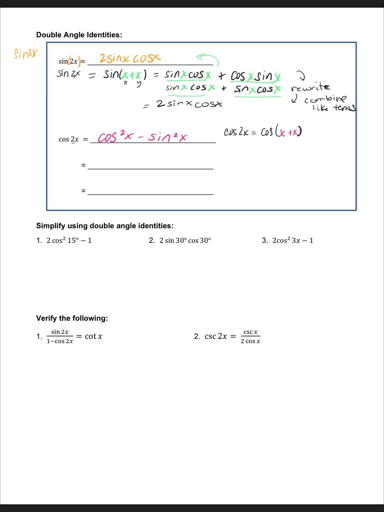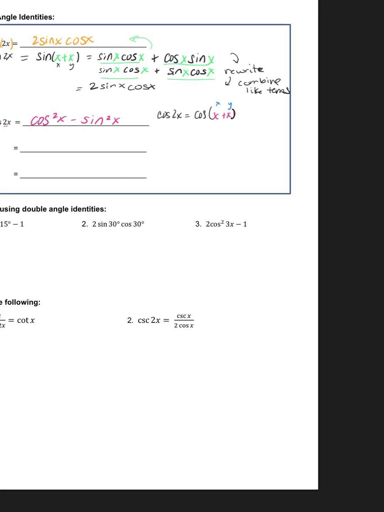So for us, same thing. This is your x and this is your y. So if I want to rewrite my identity using that x and x, I will have cosine x times cosine of the other x, which is your y, which is still x.